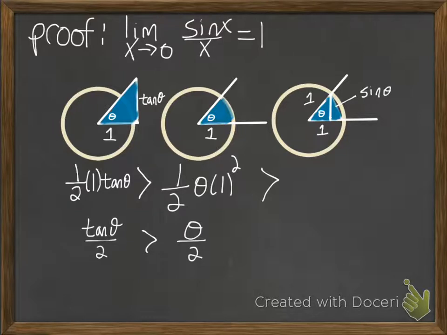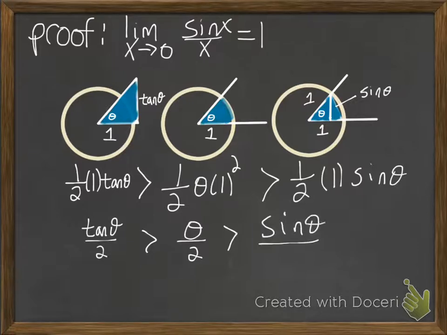And so by the area formula, area would be 1/2 the base, which is 1, times the sine of theta, or as I would like to write it, sine of theta over 2. So now we've brought the sine of theta into play.